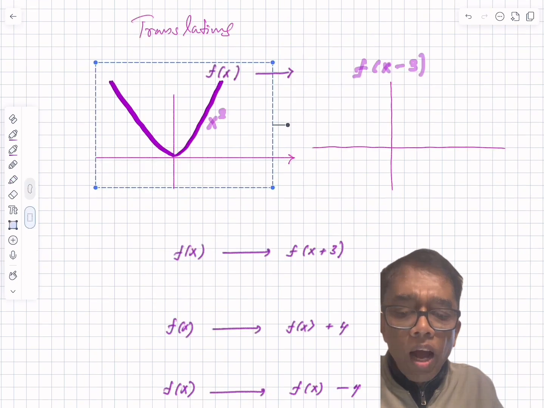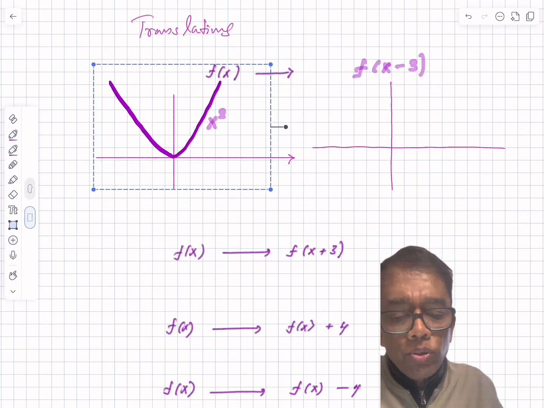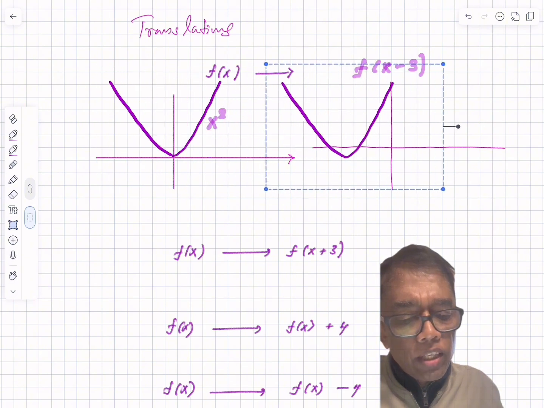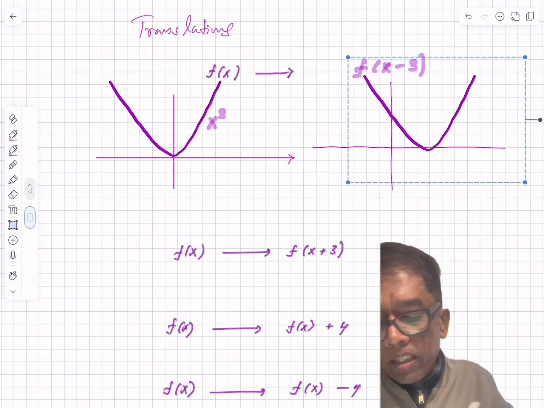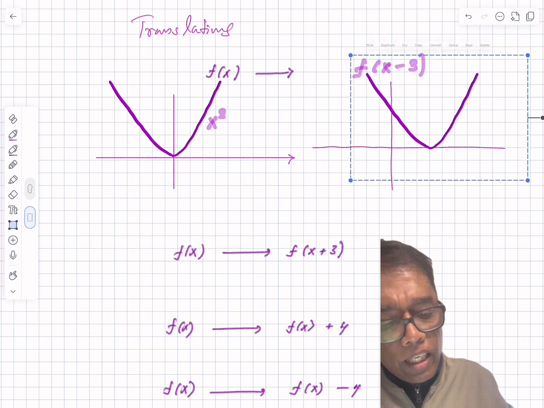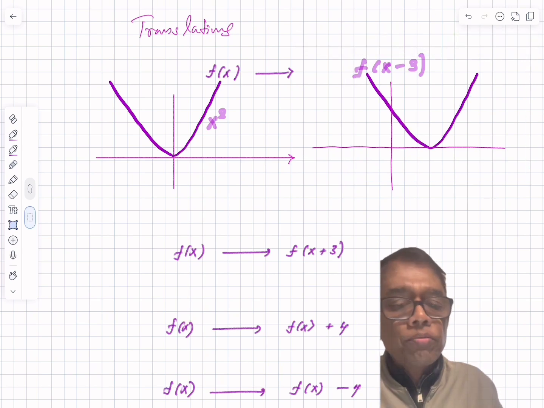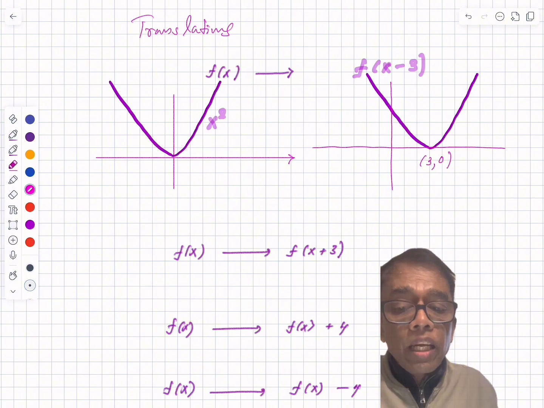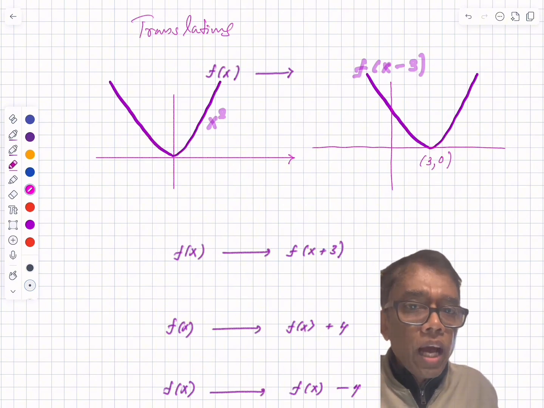The first graph is x². It goes to f(x − 3), which means this point is (3, 0). It is translated to the right-hand side by 3 units.